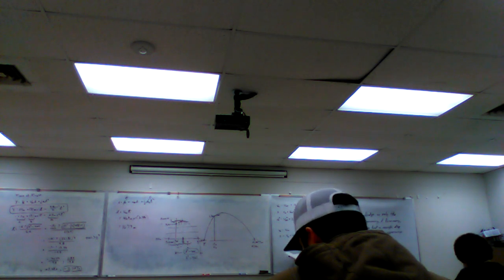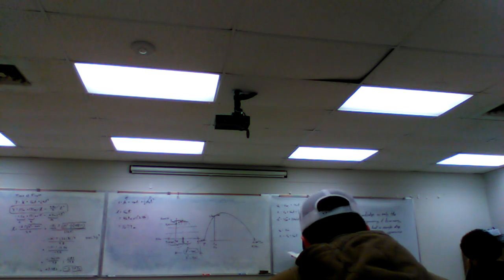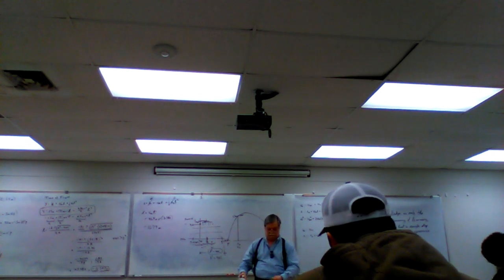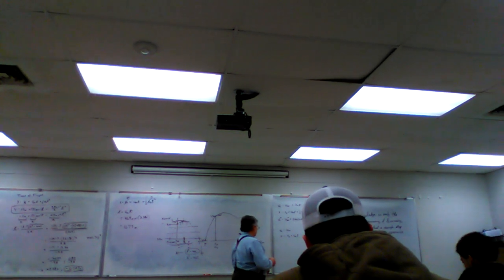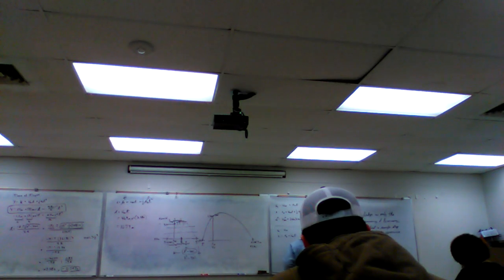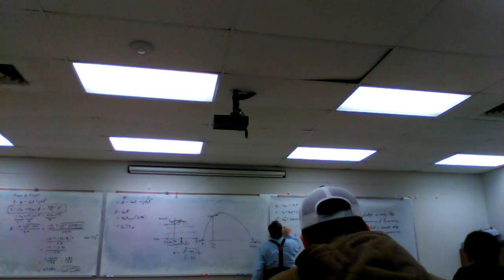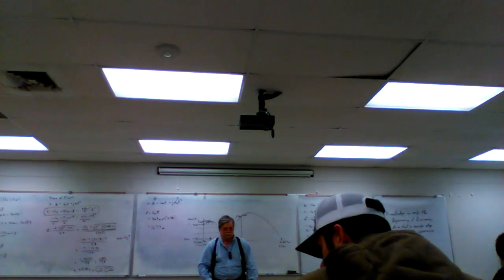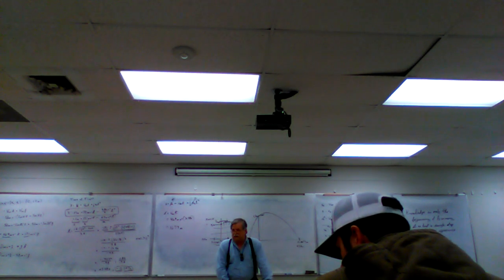Vy squared equals vy sub naught squared minus 2g times y minus y sub naught. Yeah, I left out the 2. These are now the general kinematic equations that we're going to be using when we're working in 2 dimensions.